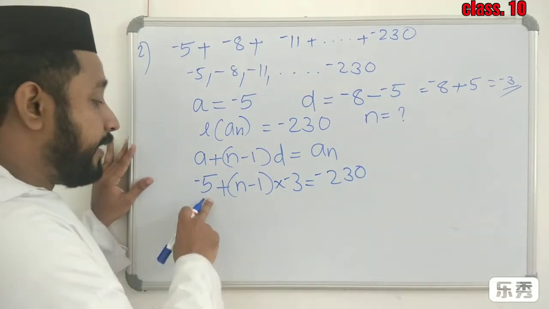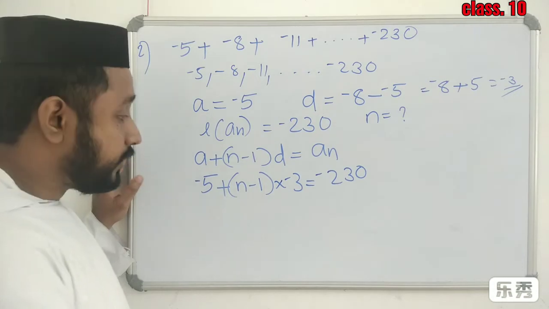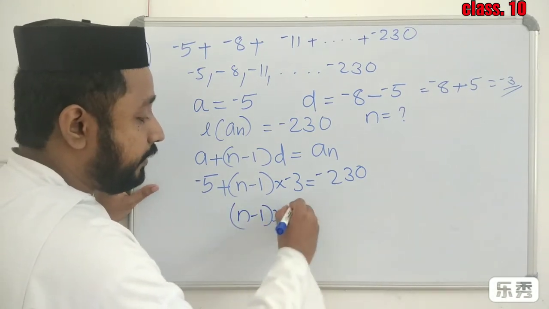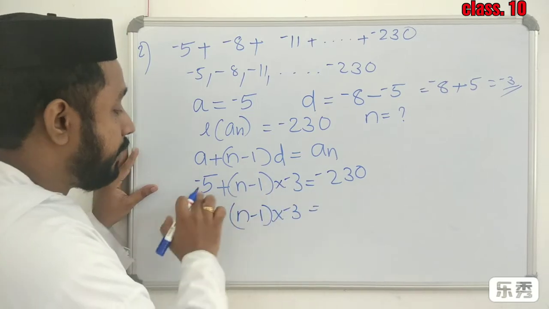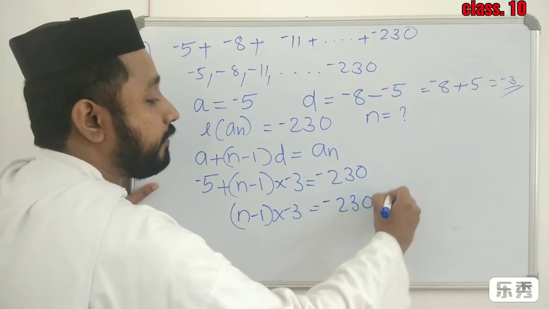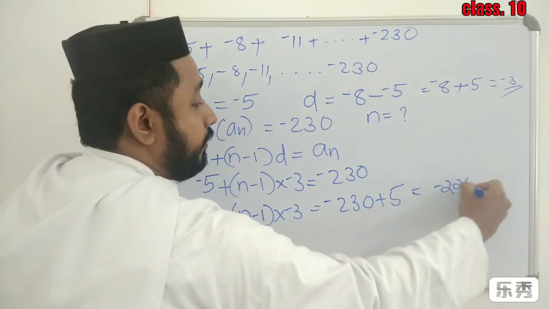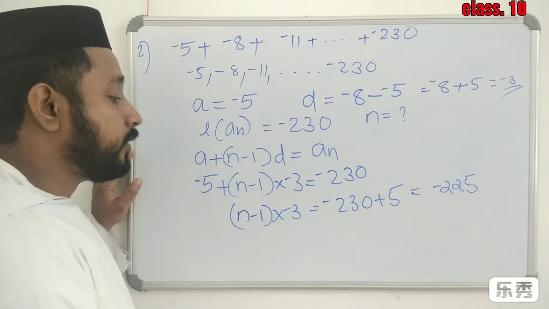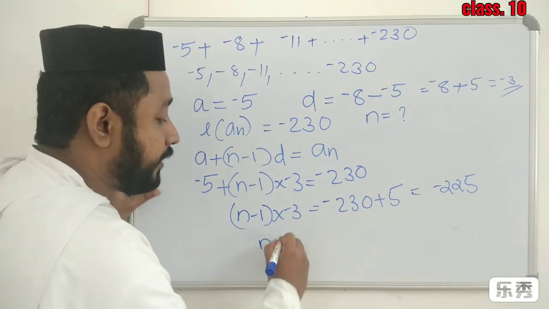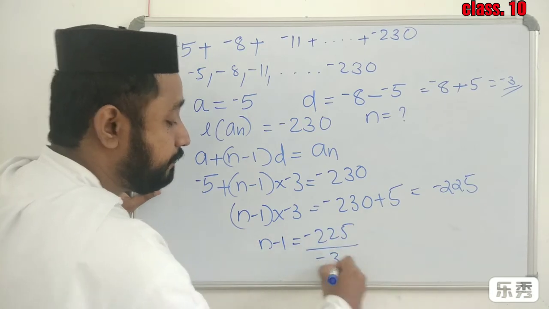So minus 5 plus n minus 1 into minus 3 is equal to minus 230, which means n minus 1 into minus 3, minus 5 goes to the RHS, which means minus 230 plus 5, that is minus 225. So we got n minus 1 into minus 3 is equal to minus 225, which means n minus 1 is equal to minus 225 by minus 3.